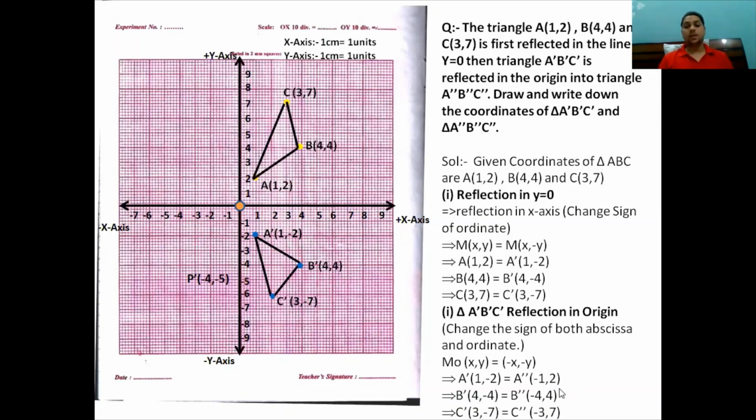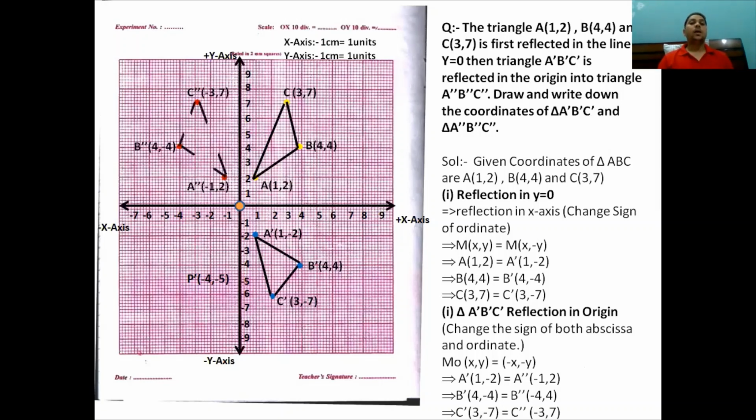Minus, minus, plus here. And similarly we have the coordinates of this triangle A'' B'' and C''. So now locate these points on the graph here. First coordinate is (-1, 2) here, then (-4, 4) here, then (-3, 7) here.